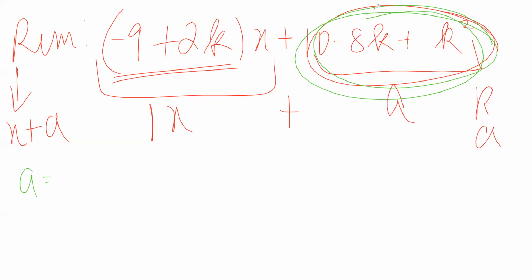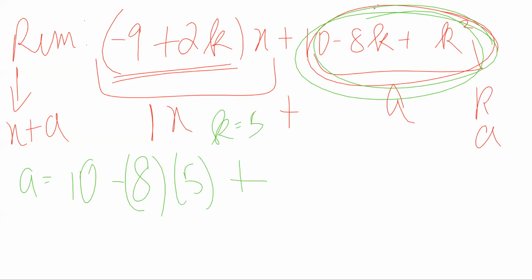So now a is equal to 10 minus 8k plus k square. We have already found k to be 5. So a is equal to 10 minus 8 into 5 plus 5 square, which is 25. A is equal to 10 minus 40 plus 25.